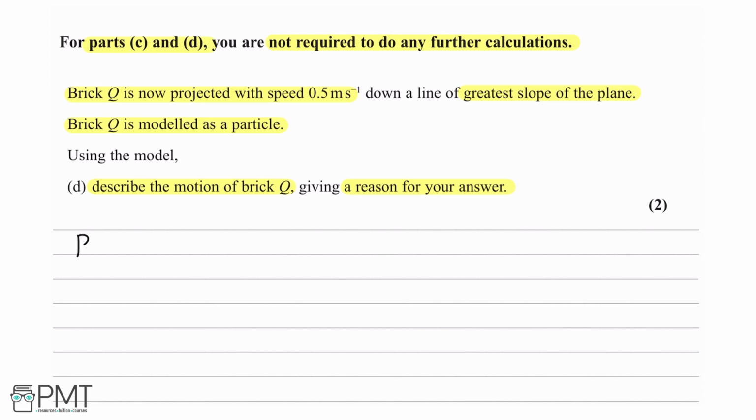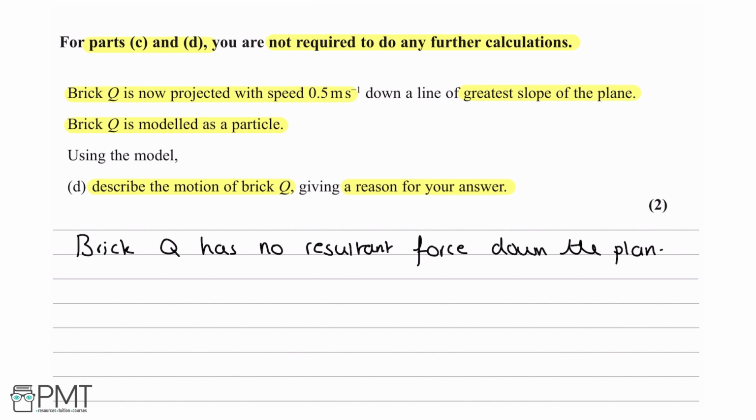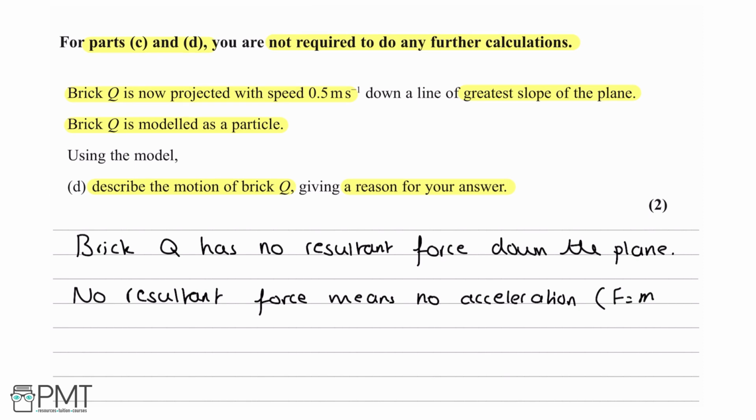So we say brick Q has no resultant force down the plane. We can then say no resultant force means no acceleration. And we can write in brackets that this comes from F equals ma.